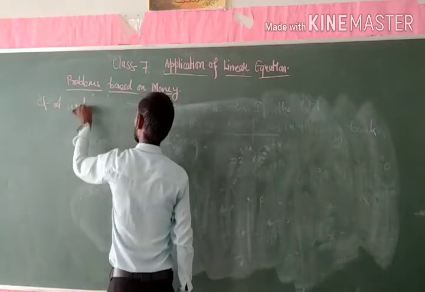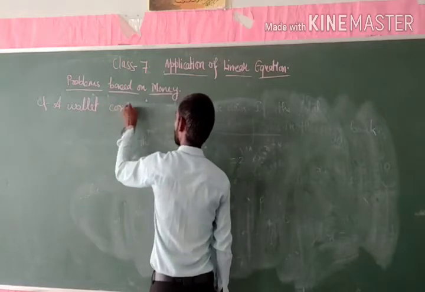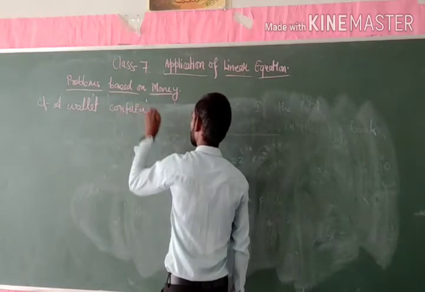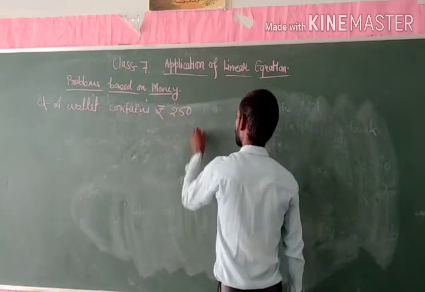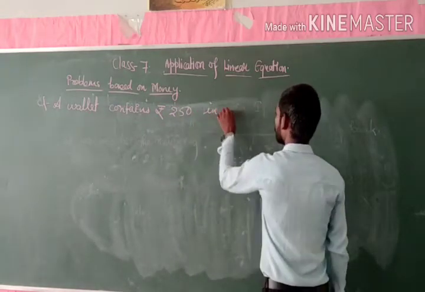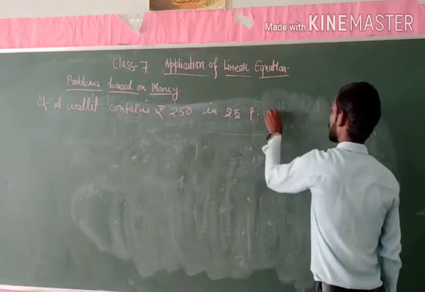A wallet contains 250 rupees in 25 paise coins.